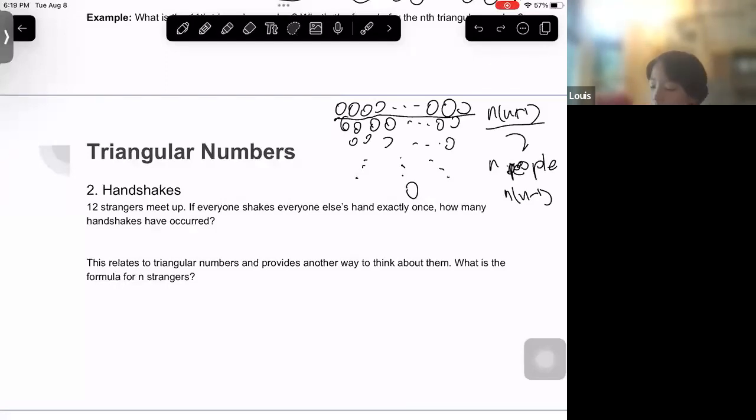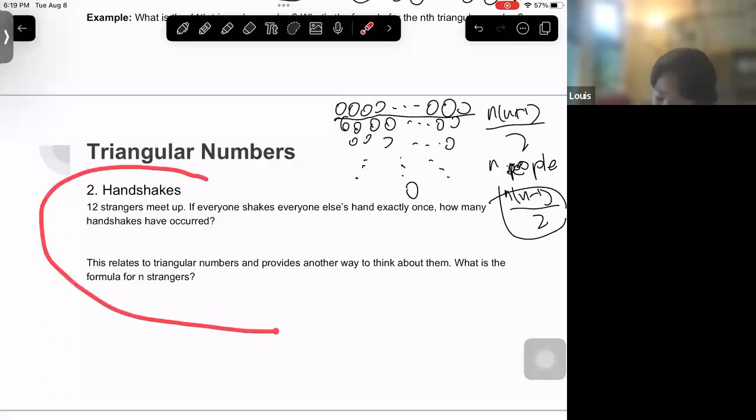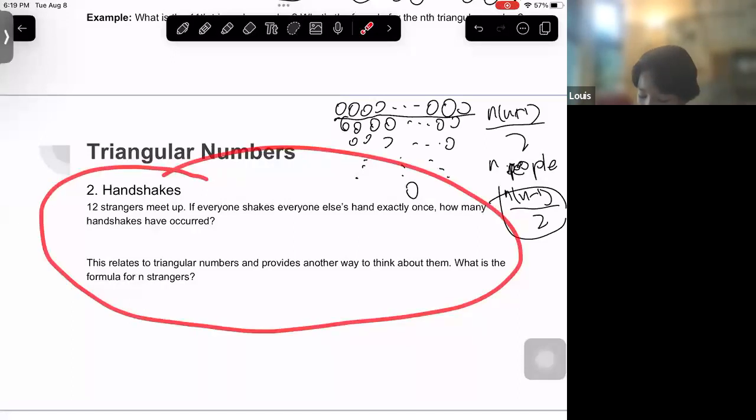That is because every handshake is between two people, so every handshake is counted twice in here. So we would have to divide by 2 in order to get the actual formula. So I'll give you guys a few minutes to solve these 2 problems.